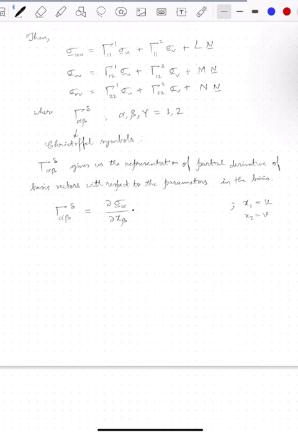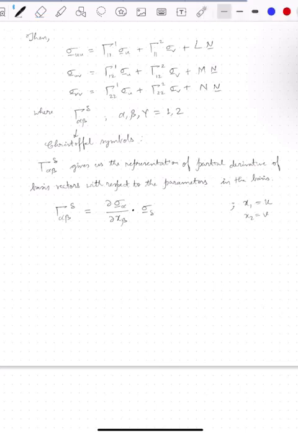This dotted with sigma_delta. So what does it tell us? It tells us the component of the partial derivative of these basis vectors with respect to the parameters in the basis, in the same basis. So that's how we essentially write it down.